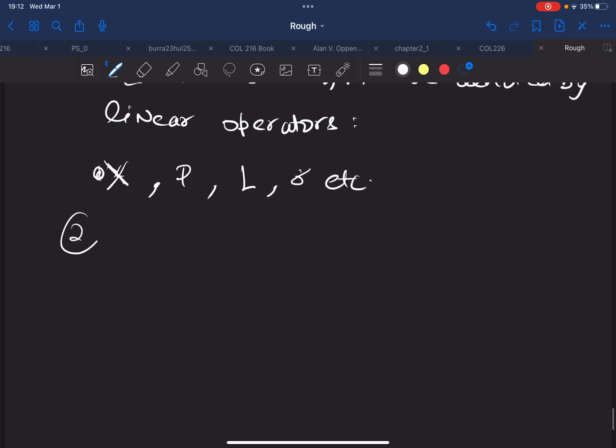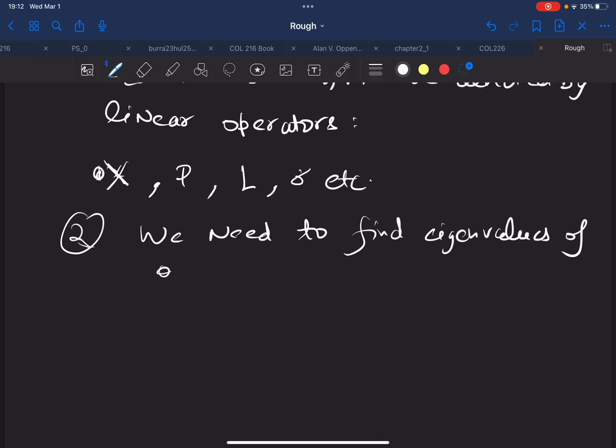The second postulate is about the measurement of these measurables. So the second postulate states that to measure the state of a system, we need to measure all the observables, and to measure those observables, we need to find eigenvalues of operators corresponding to some measurable.